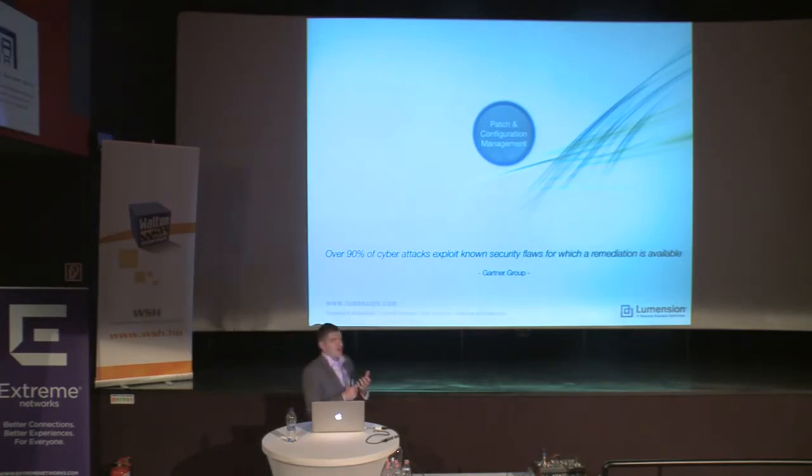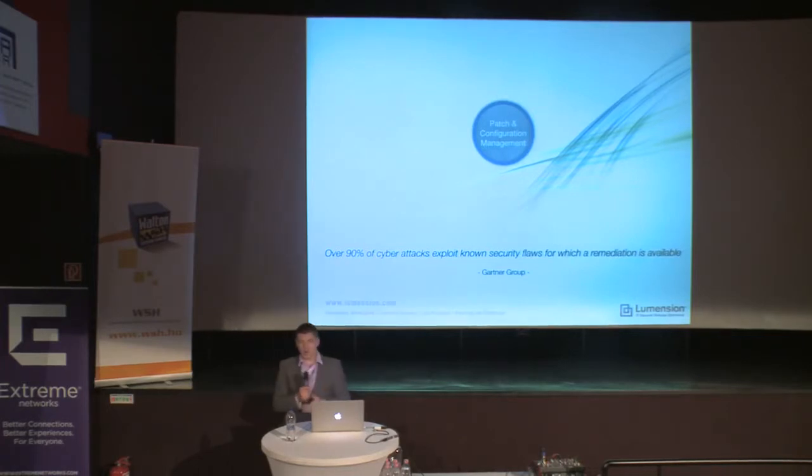The first layer of the defense in depth approach is called patch and configuration management. It's very preventive, right? If you remember the 3 ways for a virus or an attack to succeed or get onto your infrastructure, it is through gaps in your security, either by exploiting vulnerabilities or by exploiting wrong configuration or misconfigurations.